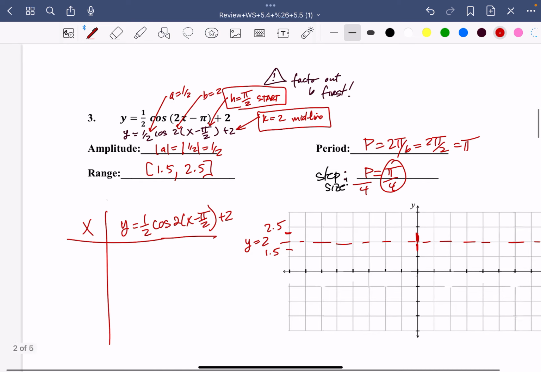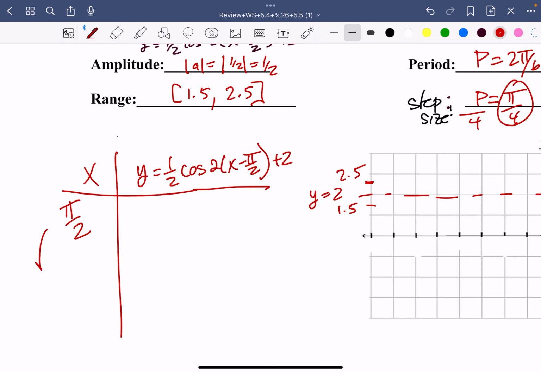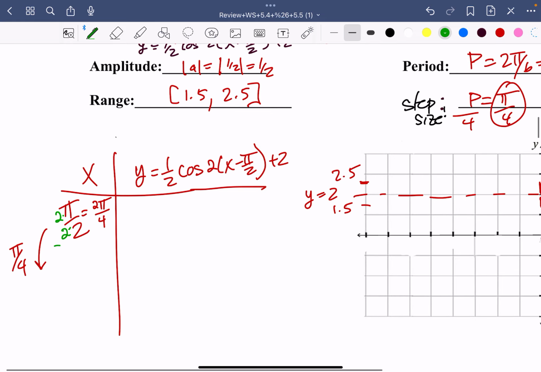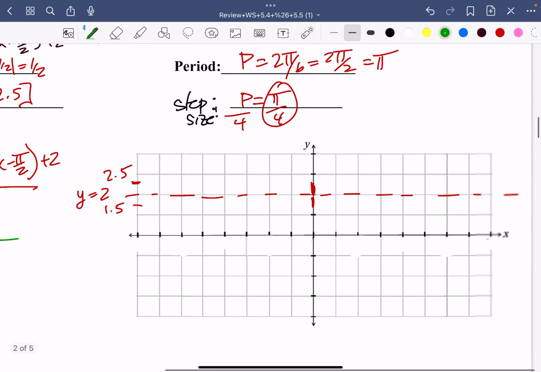My starting value is pi over 2. We saw that here from h. And then every step I take is going to be of size pi over 4. So since every step is pi over 4, I'm going to rewrite this in terms of fourths, and it's going to be 2 pi over 4. We get that by multiplying this by the well-chosen one of 2 over 2. So 2 pi over 4 is our first step.